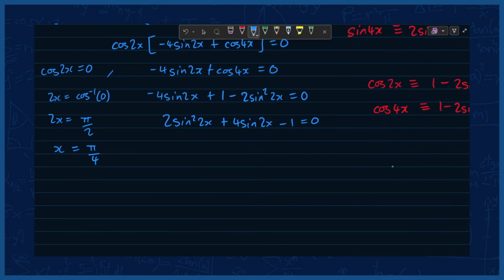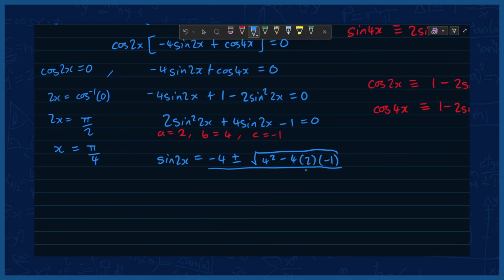So let's use the quadratic formula to solve this quadratic equation. So sine 2x is going to be, a here is the coefficient on sine squared, which is 2, b is the coefficient on sine, which is 4, and c is the constant. So we want minus b plus or minus the square root of b squared minus 4ac, divided by 2 times a, and let's punch this into the calculator.